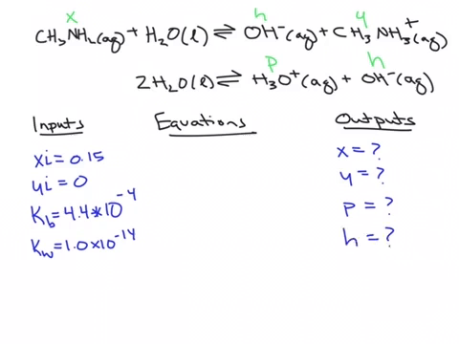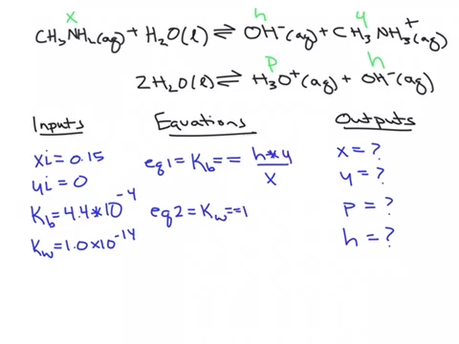For our equations, equation 1 will be this setup for Kb. That'll come from our first equation up there. So that's H times Y divided by X. Equation 2, per usual, is the setup for Kw: P times H. There are definitely charged species here, so our third equation is going to be a charge balance equation.